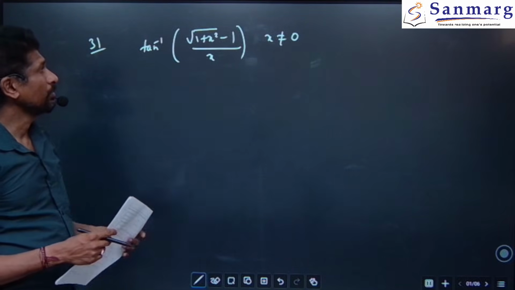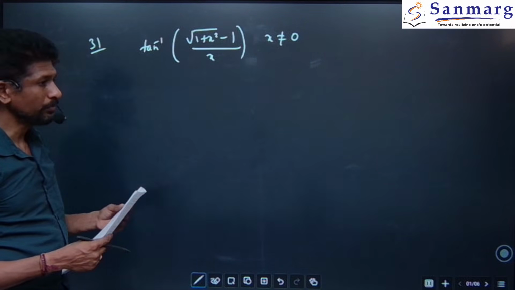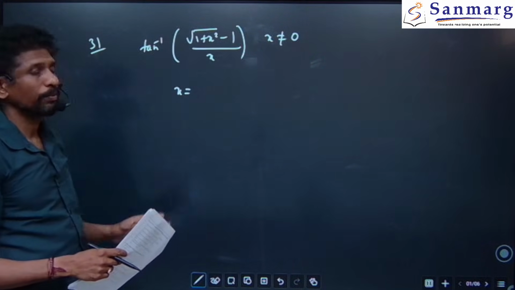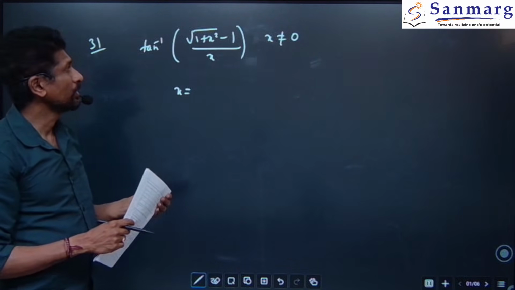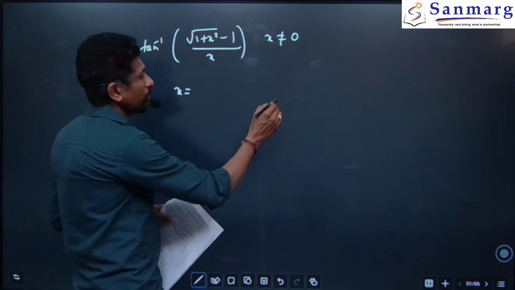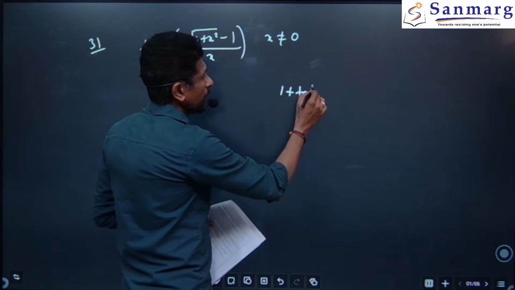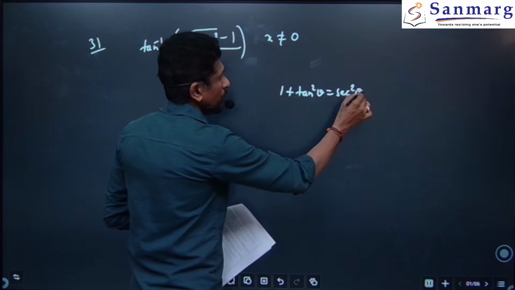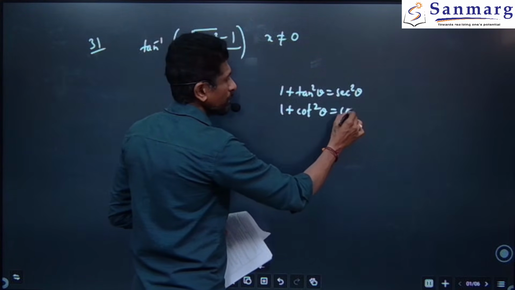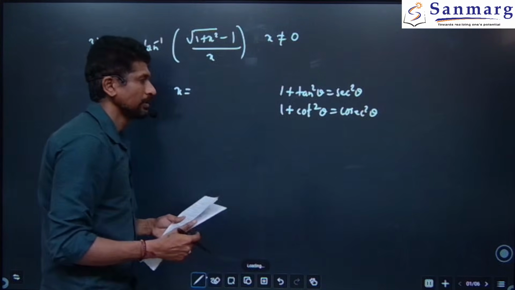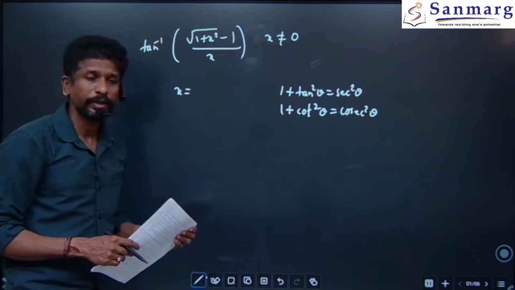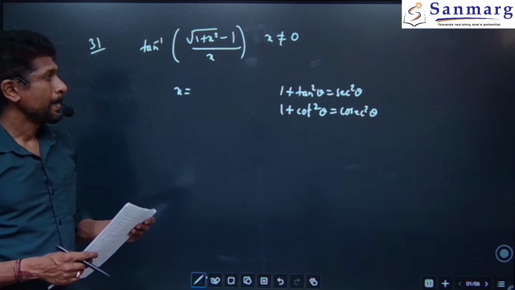So 1 plus x square minus 1 is given. The simplification you have to do is first replace the root. By replacing the root you can get the answer. So 1 plus tan square theta you have to consider as secant square theta, or 1 plus cot square theta as cosec square theta. By using this simple trigonometric formula you can simplify. You can consider x as tan theta or x as cot theta.